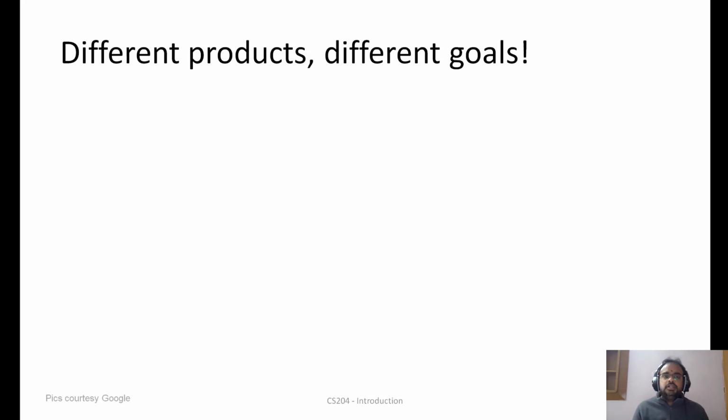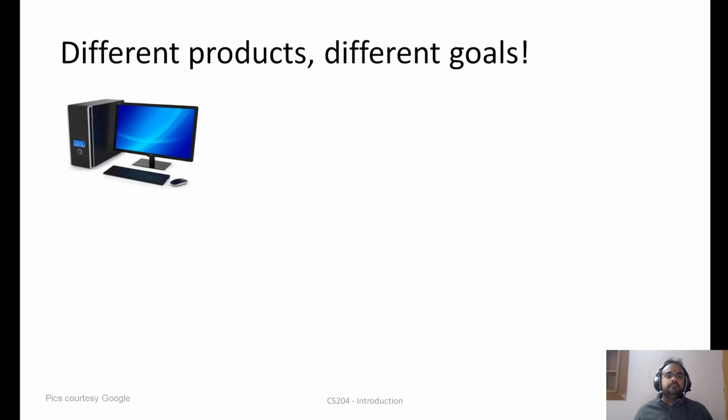As you have already guessed, we have different products that will dictate what the goals are for those particular products. So I'll present a few of the pictures here. Many of them are picked from Google, a simple Google search. So here is the PC. At least a few years back they were available everywhere. Now only in some computing labs typically.